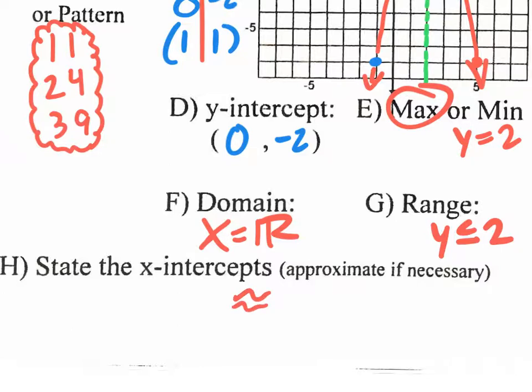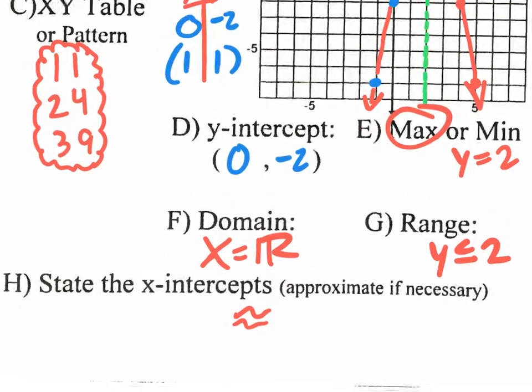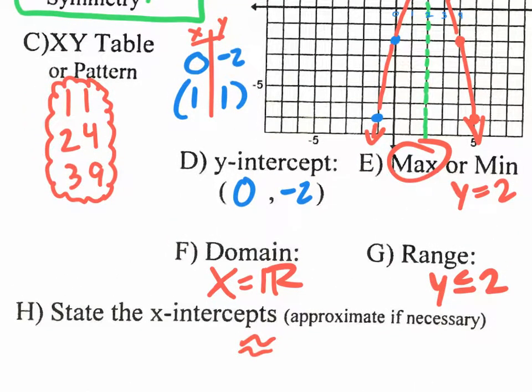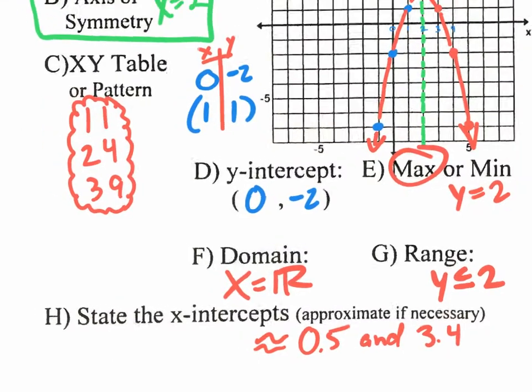Because if you put equals, it's going to be wrong because it's not exact. It's just an approximation. And what was that approximation? We said 0.5 or 0.6 and 3.5 or 3.4. Whatever you put is fine.